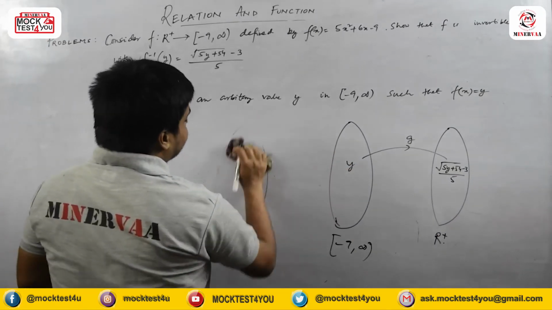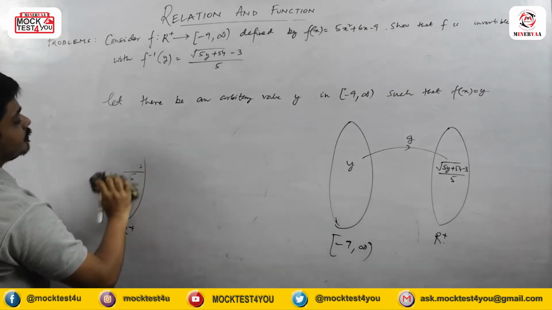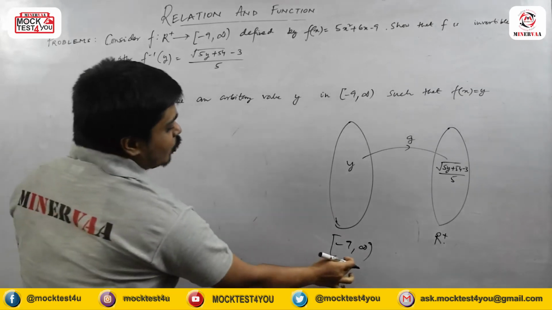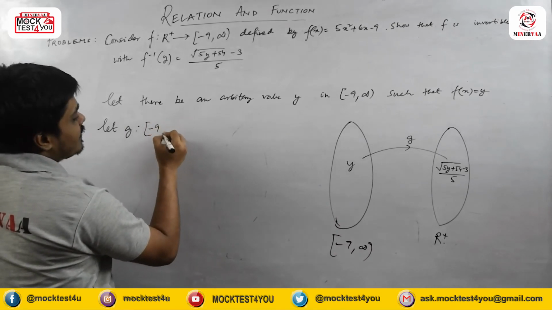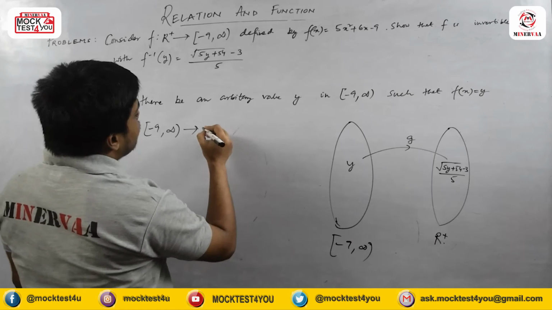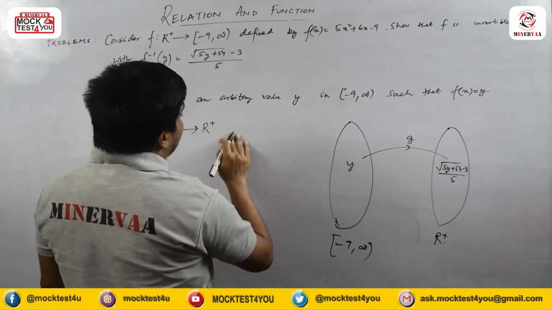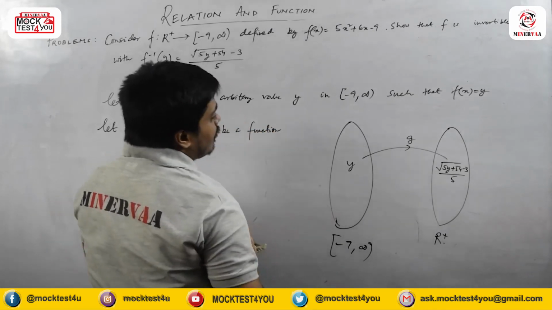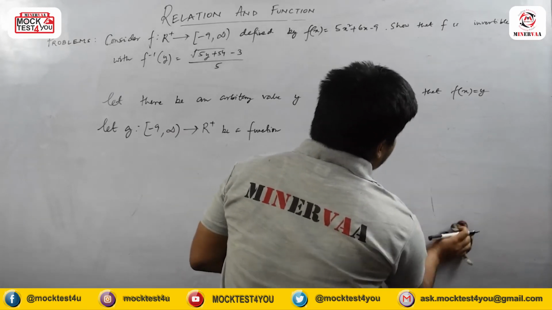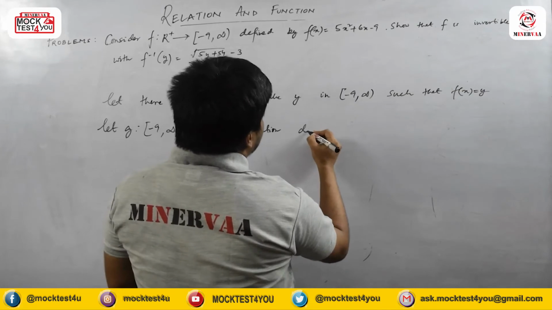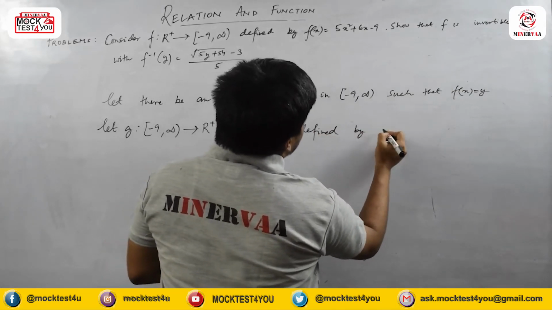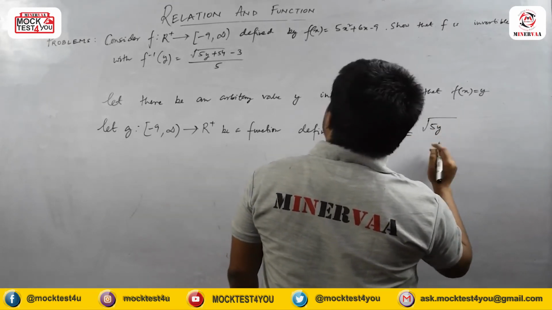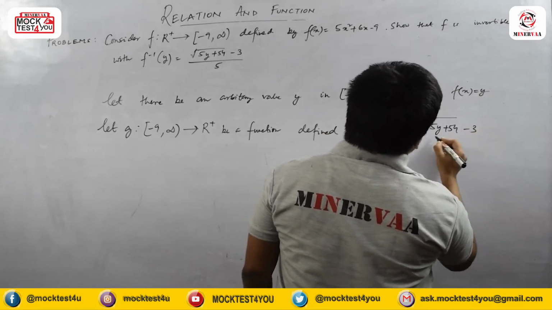So let us define the function. Let g be a function from minus 9 to infinity to r plus, defined by g of y is equal to root over of 5y plus 54 minus 3 divided by 5.